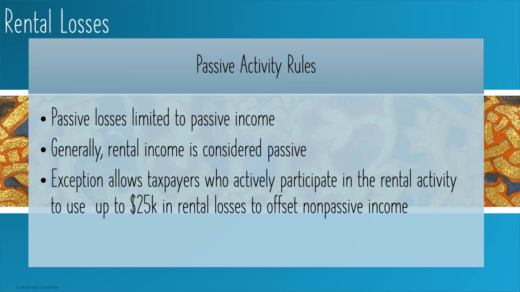So there is an exception to the rule that rental income is considered passive. It allows for taxpayers who actively participate in the rental activity, and this is not somebody who is participating as a business, in the real estate business. That's different.